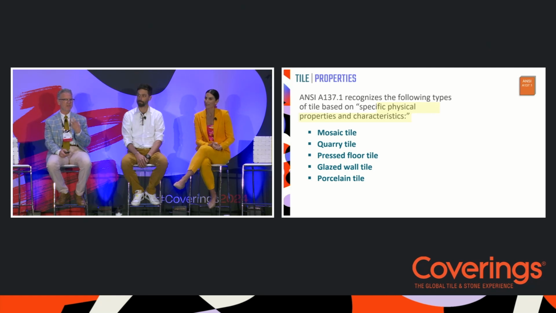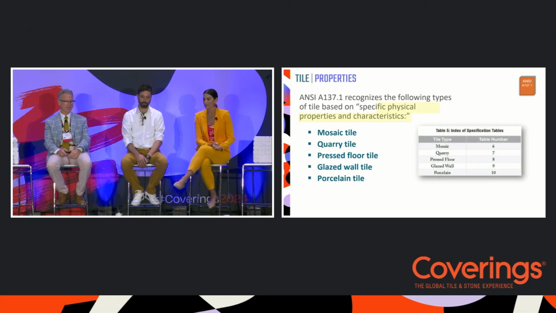When I say the manufacturing standard, that's the standard that talks about the physical properties and the aesthetic properties of these individual types of tile. Within the A137.1, they refer you to tables 6 through 10 if you want to learn more information about any one of those types of tile.